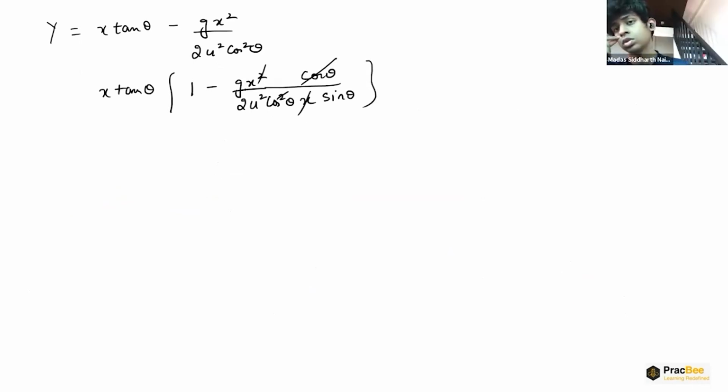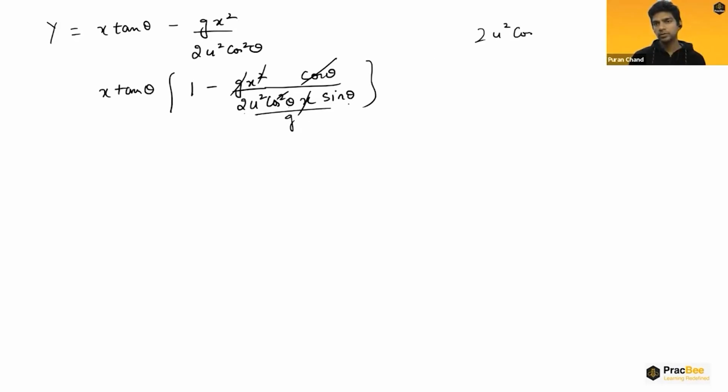Now you can see, if I take this g into the denominator, we have 2 u square cos theta sin theta by g. So you can write the denominator as 2 u square cos theta sin theta by g, or you can write this as 2 u square sin 2 theta by g.